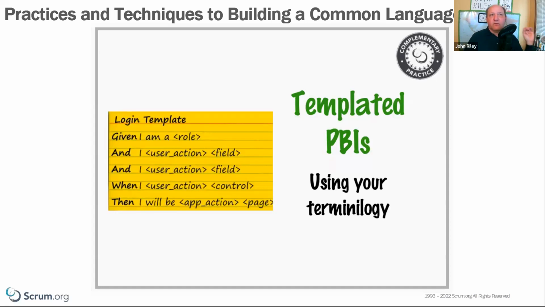The most important part of this whole given, when, then structure is the then part. The then part shows the purpose. Why are we doing what we're doing? This is the expected value. So I think this pretty much depicts it right here. I think that was the question, right, Lindsay, if I remember?